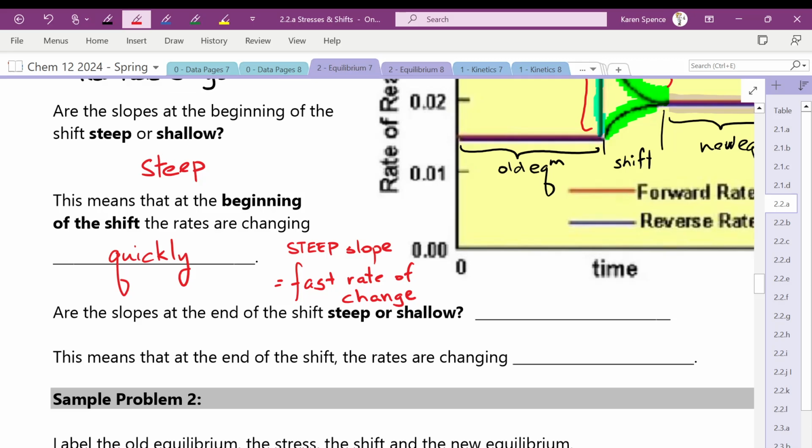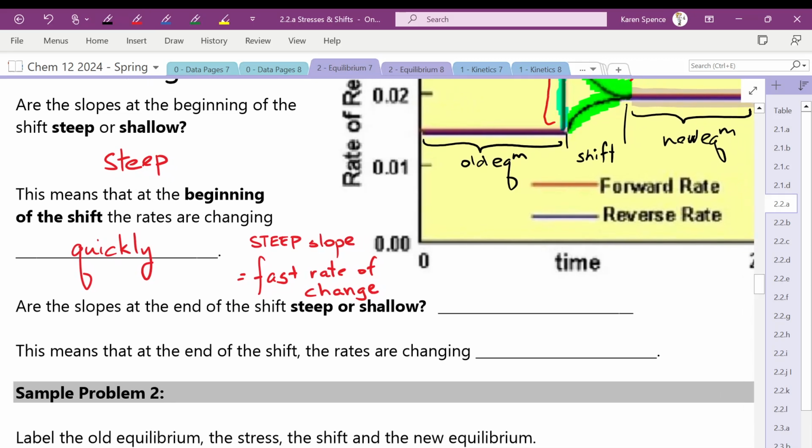Are the slopes at the end of the shift steep or shallow? They're shallow. That means at the end of the shift, the rates are changing slowly.